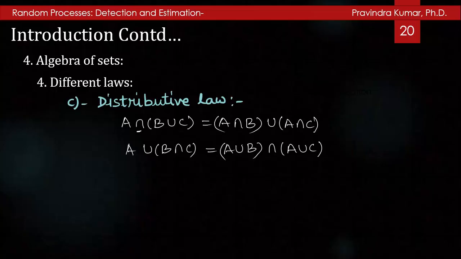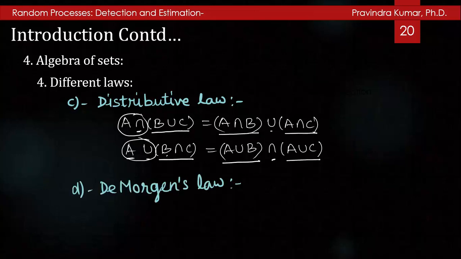According to this, A intersection B union C is equal to A intersection B union A intersection C, and A union B intersection C is A union B intersection A union C. So here the intersection with A is distributed over B union C, and here the union with A is distributed over B intersection C.